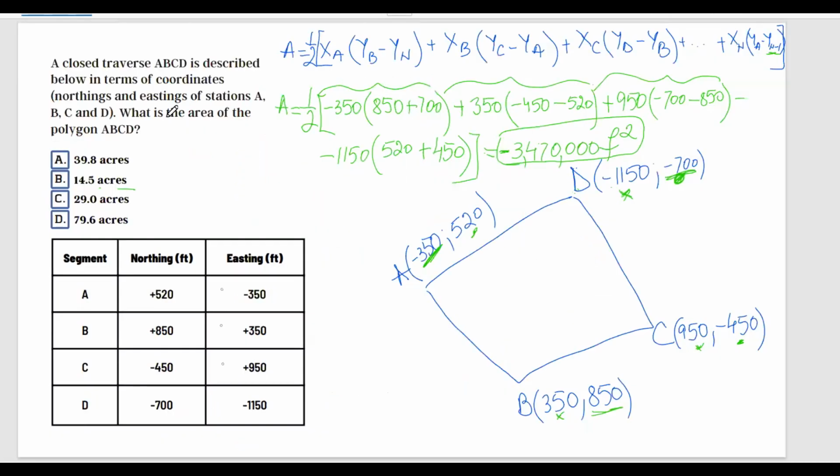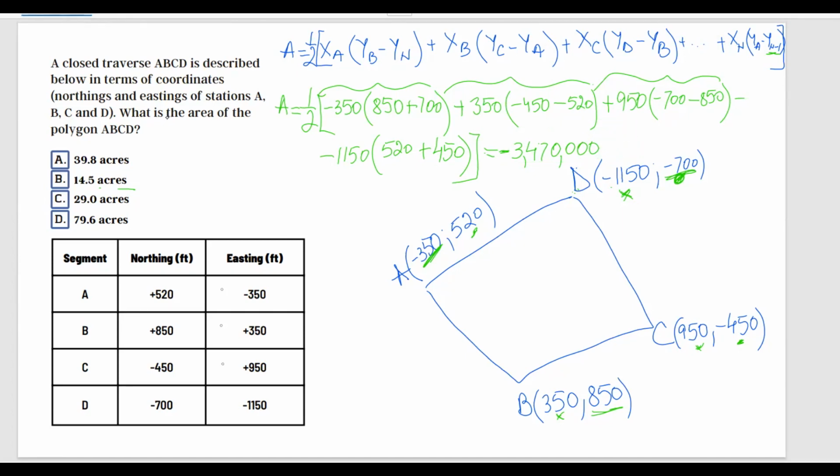Oh, you know what I did? So I got this number, but I forgot to divide it by 2. Okay. All right. 3,470,000. Okay, because this number, I got it right, but I forgot to divide it by 2. So let's fix that. I'm going to delete this. So square feet, correct.